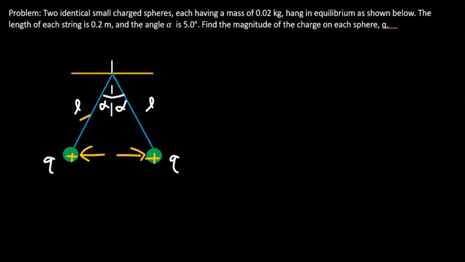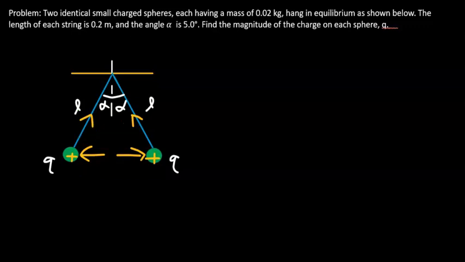So in this string you have tension going like that and like that in the second string. So the horizontal component of these tensions will balance the electrostatic force given by Coulomb's law. And that is the idea behind this problem. Now this is a two-dimensional problem, so you have to be careful about components of forces.